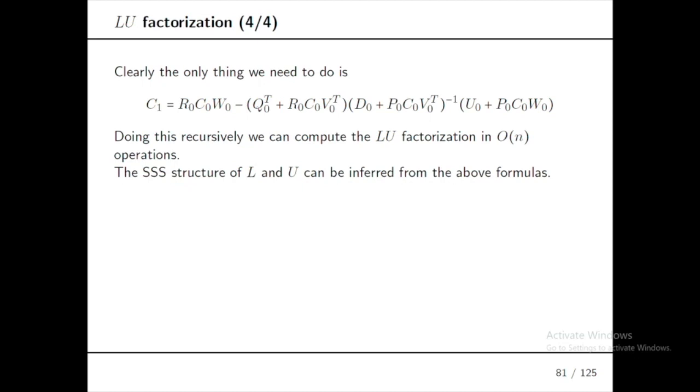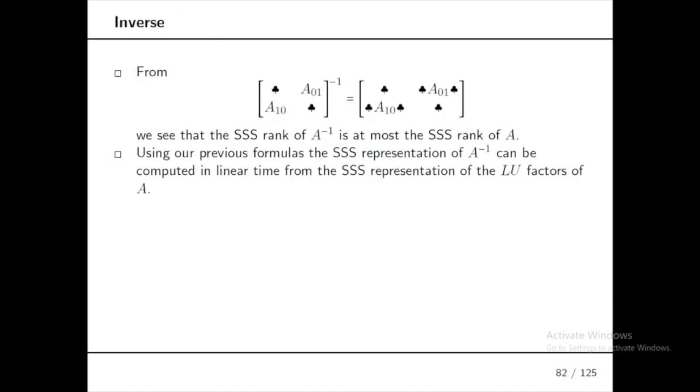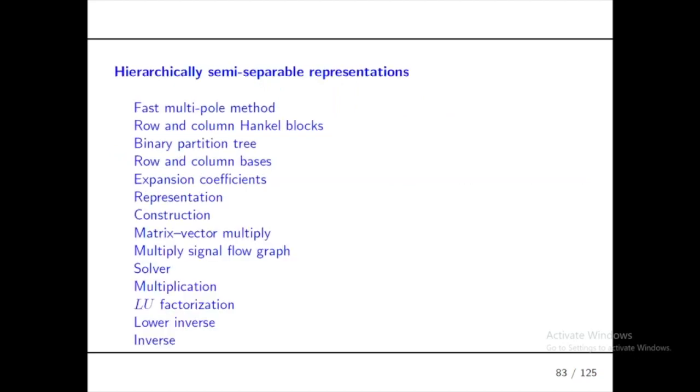And C1 can be computed in R-cubed operations. Remember there's no n in this, unlike the Schur algorithm. We do it in R-cubed operations, so therefore the whole algorithm is just linear. From this we can actually compute the inverse using all the formulas that I said previously. Okay, so I'm going to skip that.